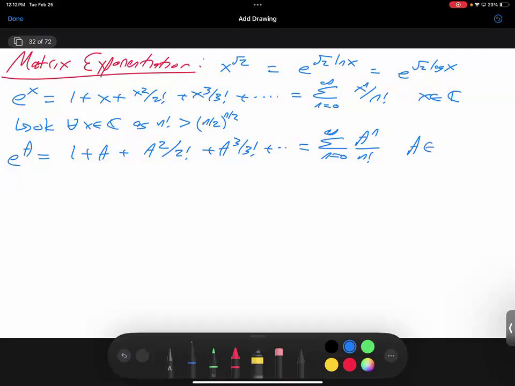Let's say A is an n by n matrix. So the question is, is this legal? Let's look at it term by term. Term by term, is it legal? Each summand is legal because A is a square matrix.